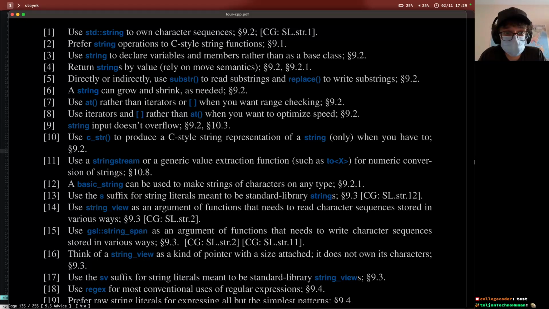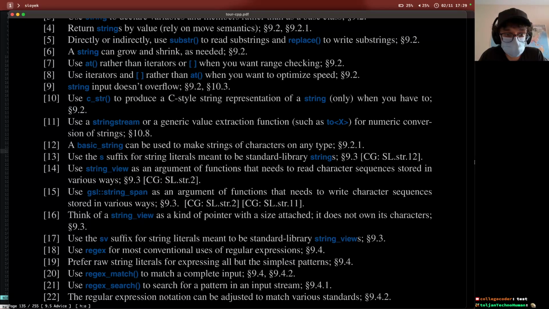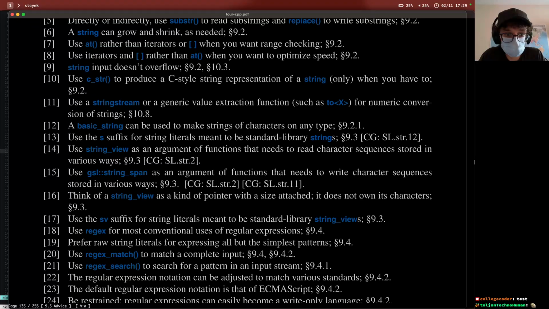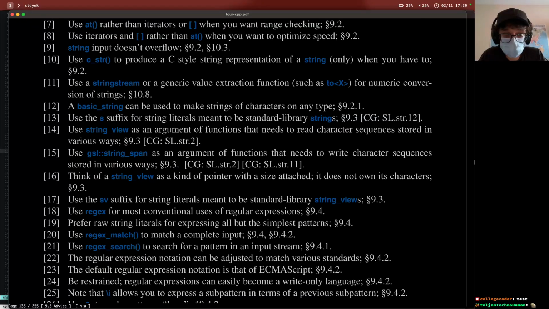A string can grow and shrink as needed. Use at rather than iterators or the index operator when you want range checking. Use iterators and that rather than at when you want to optimize speed. String input doesn't overflow. Use c_str to produce a C-style string only when you have to. Use string_view as an argument of functions that need to read character sequences stored in various ways.